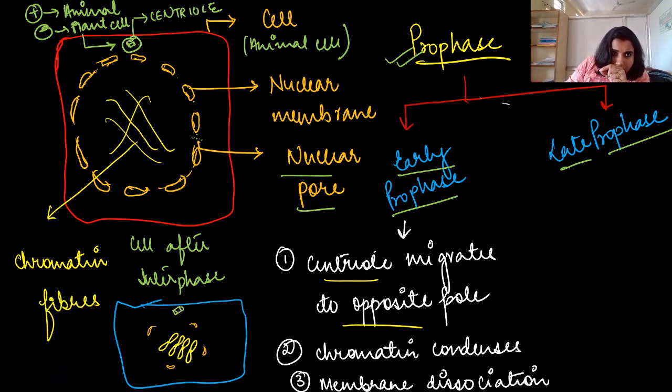There will be two centrioles. One centriole is present at this end, another centriole will move to this end. So here we can say the centriole migrated to the opposite pole. So three important changes you need to understand. First, the nuclear membrane dissociates, then chromatin condenses, and the centriole moves to the opposite pole, right?